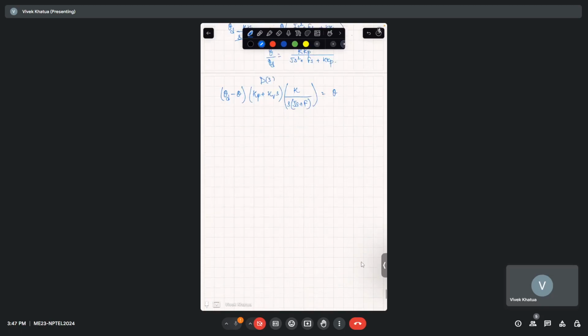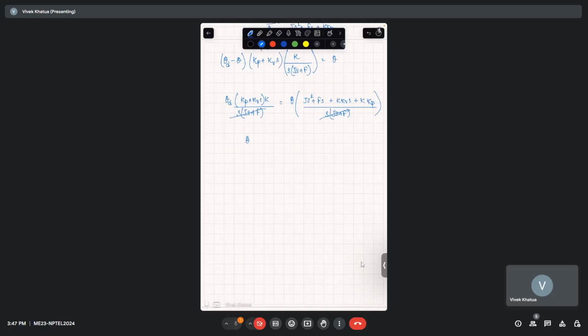We'll do the same rigor again. Theta d times (Kp plus Kv s) times K divided by s(Js plus F) will be equal to theta (Js square plus Fs plus K Kv s plus K Kp) divided by s(Js plus F). Now you can see this go away.